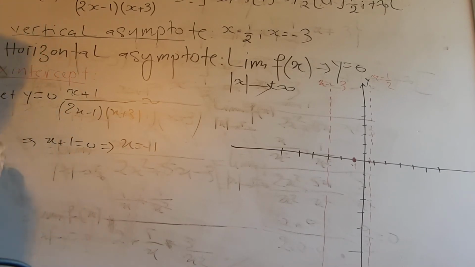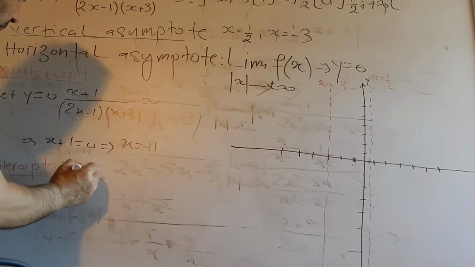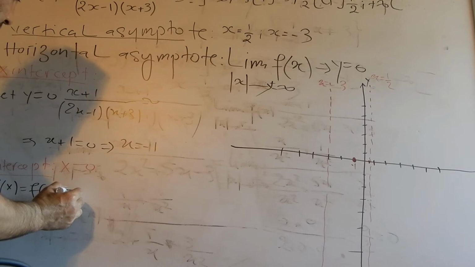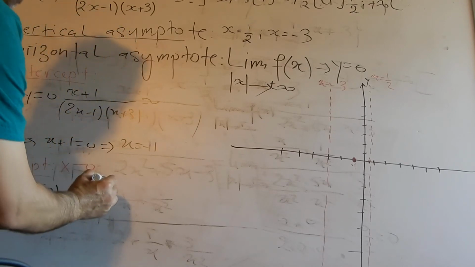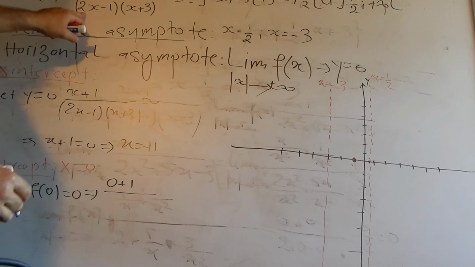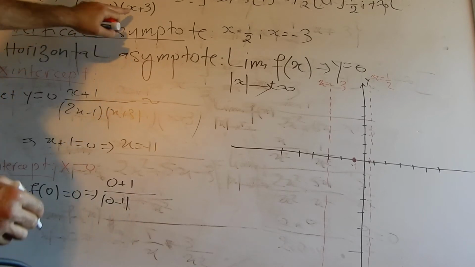Then let's see the y intercept. For this one, we can find it by letting x equal 0, which means we calculate f of 0. f of 0 equals 0 plus 1 over 2 times 0 minus 1, times 0 plus 3.